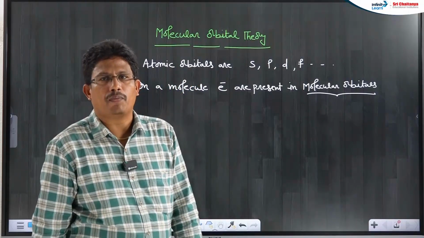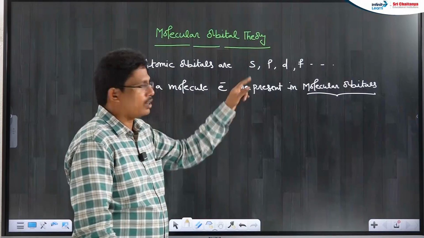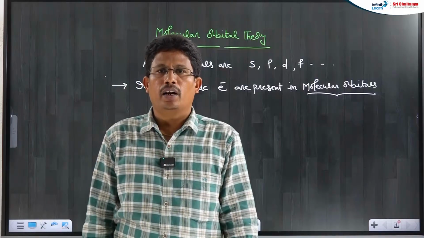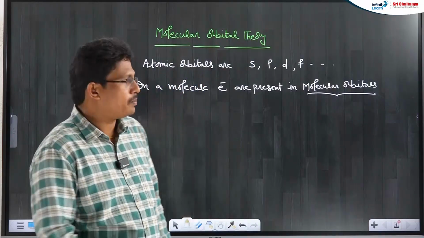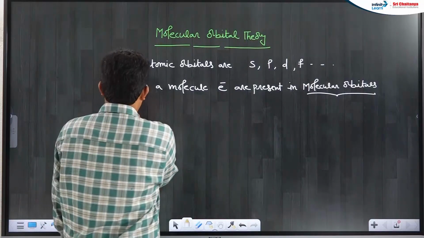Molecular orbitals are formed by the linear combination of atomic orbitals having proper symmetry and nearly the same energy. That method is called the LCAO method.